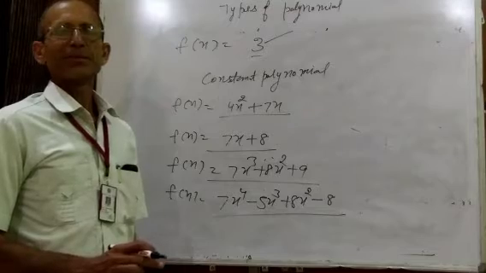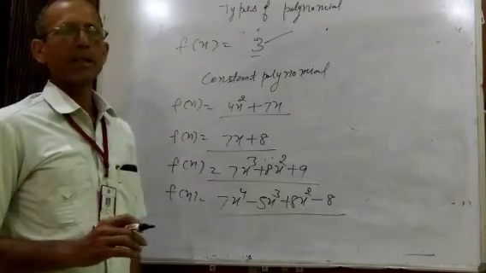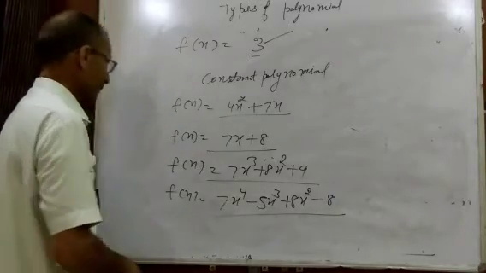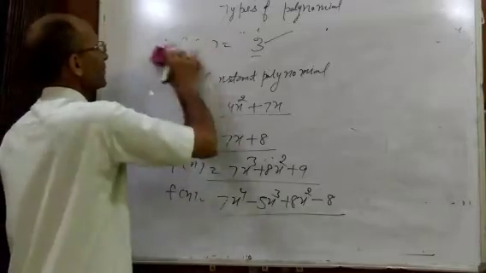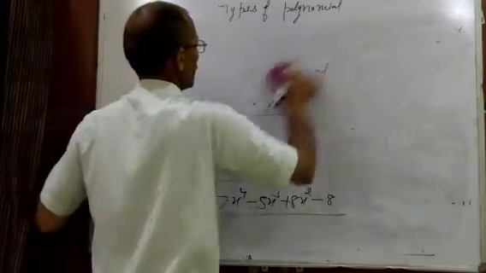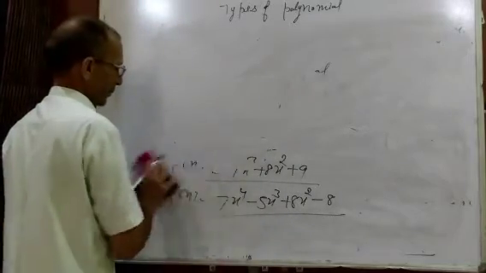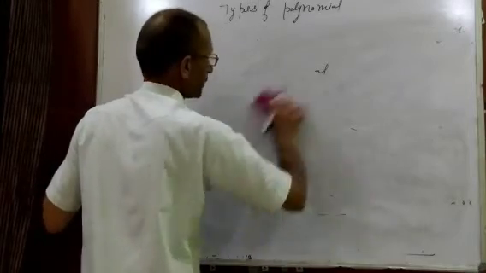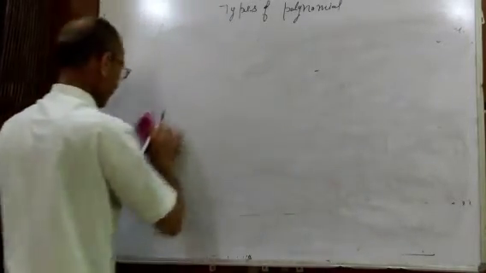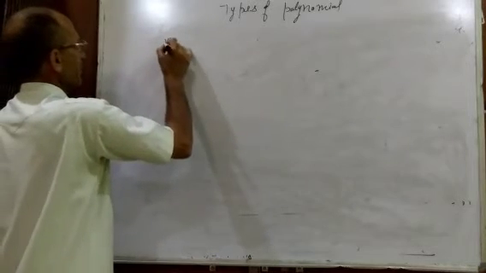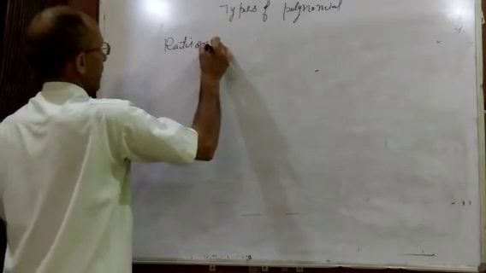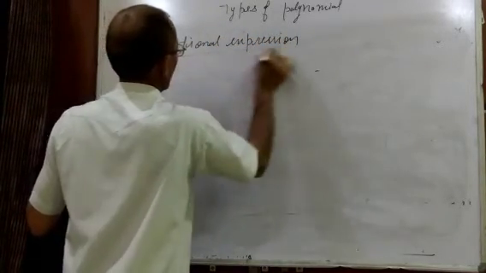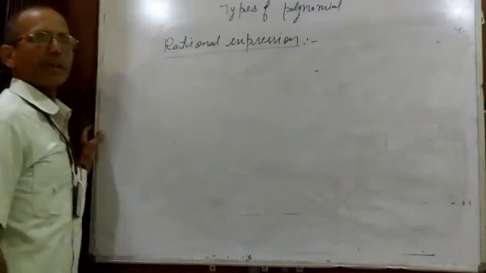Now one more point I would like to explain here: rational expression. I just told you the types of polynomial. Now one more question you have to keep in mind: what is a rational expression?